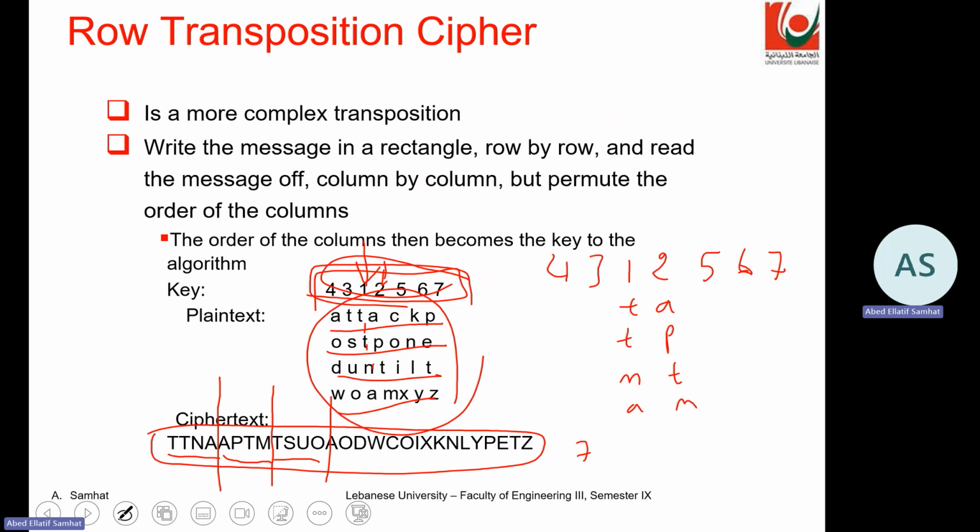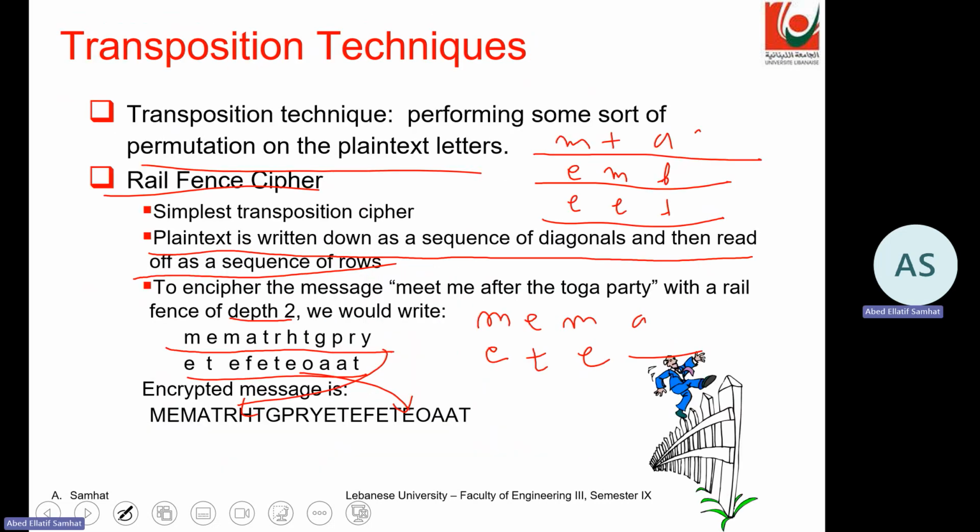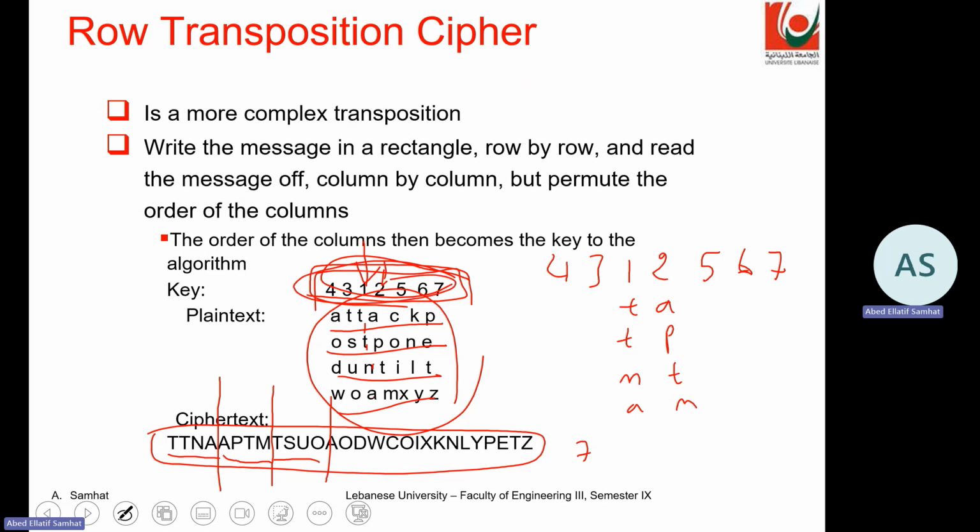It's more secure than the rail fence cipher, because here we are using a kind of transposition that is more complex than the rail fence cipher. Okay, and so on.